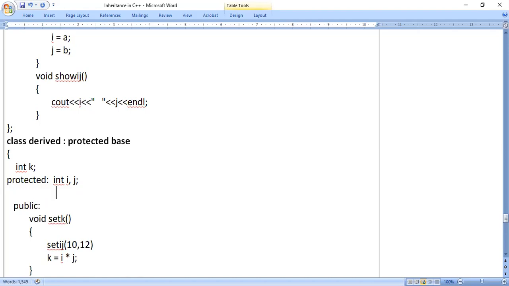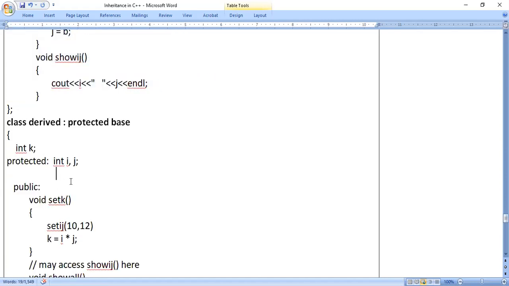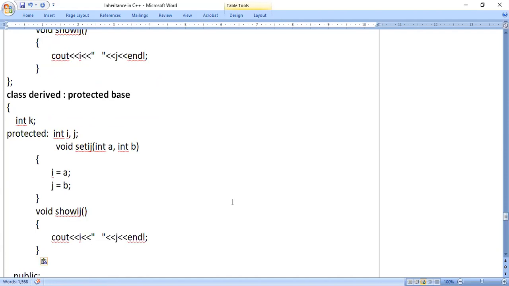Similarly, public functions of base class will become protected functions of derived class. That means both become protected. Public data members and protected data members both become protected here. So i and j belong to protected of base class, and in derived also it is protected. Set ij and show ij are the public functions of base class, and here the status has changed to protected.